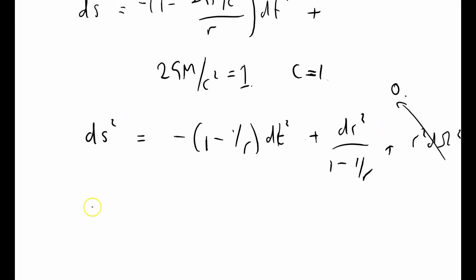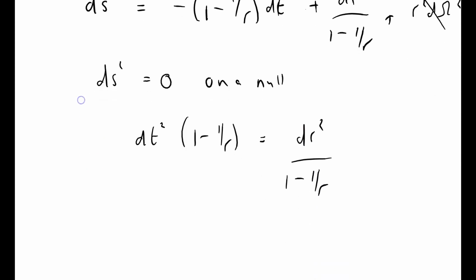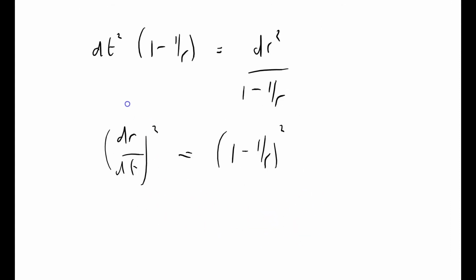Now if we have ingoing light, we know that ds squared equals 0 on a null geodesic. So that tells me that dt squared times (1 minus 1 over r) equals dr squared over (1 minus 1 over r), and so dr by dt squared equals (1 minus 1 over r) squared. Yep.